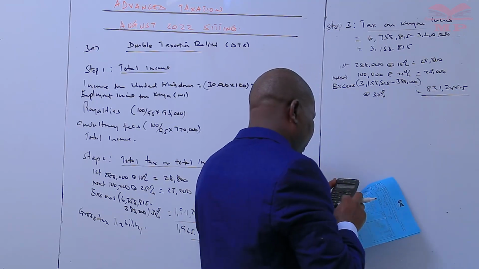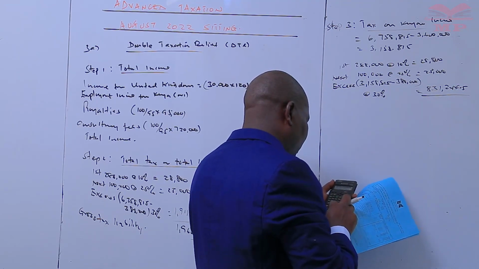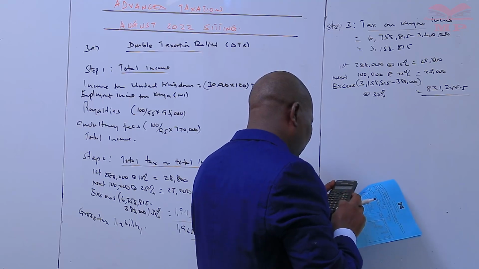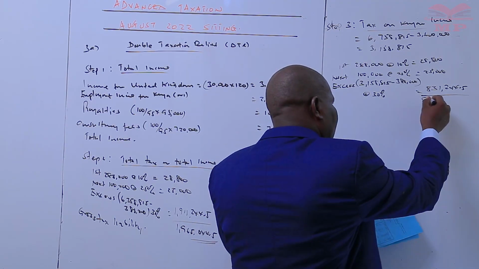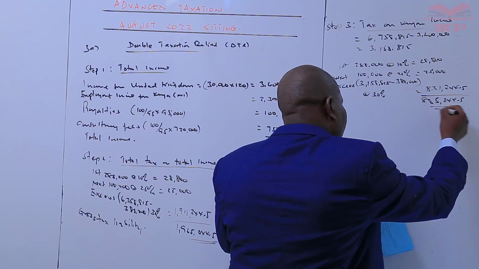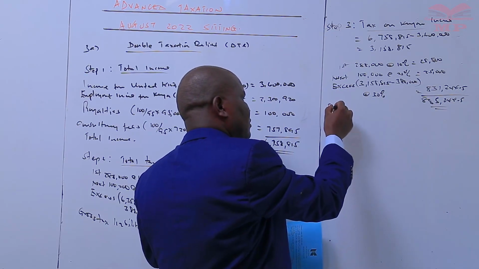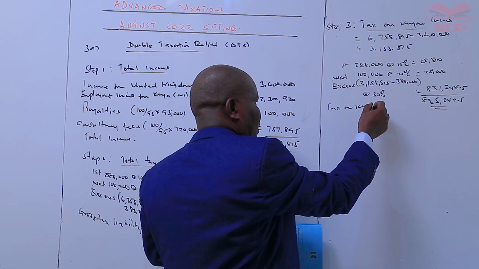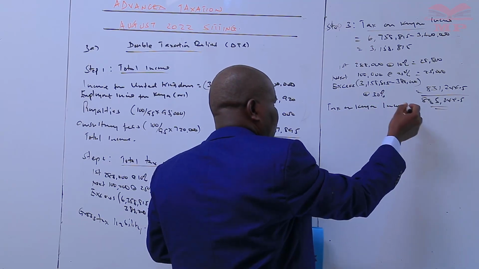That is 831,244.5. We add to 25,000 plus 28,800. I'm getting 885,044.5. So this is tax on Kenyan income.